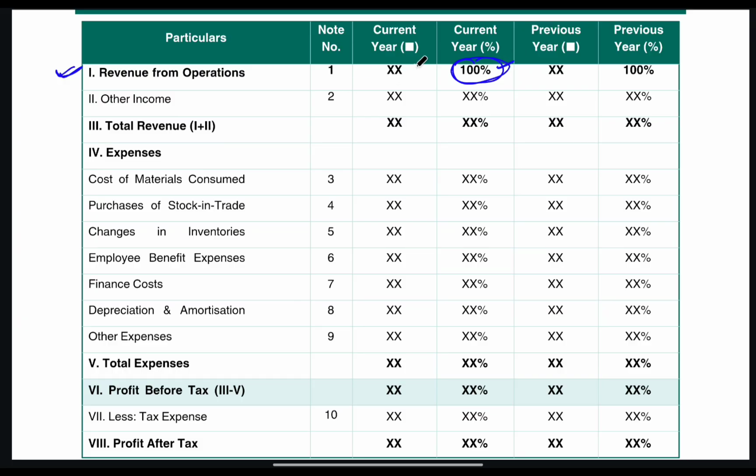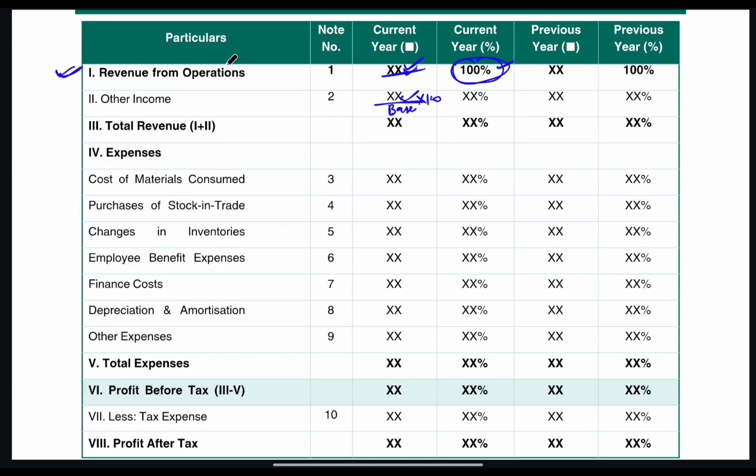And how to calculate here? Same, this current year figure divided by the base year figure multiplied by 100. The base year figure is your revenue from operations, so this divided by this multiplied by 100.